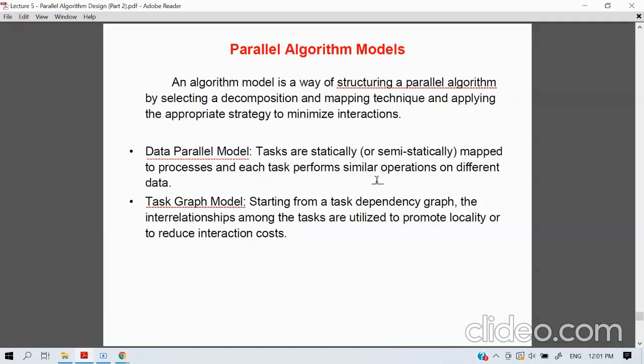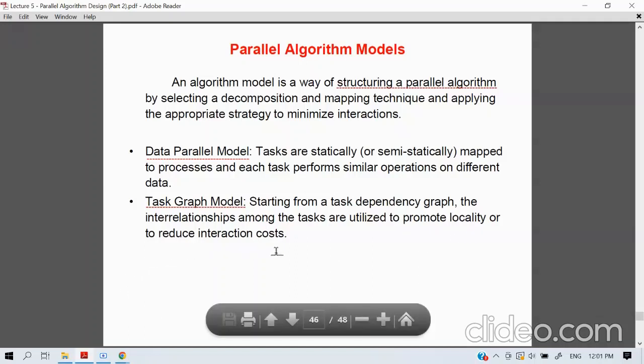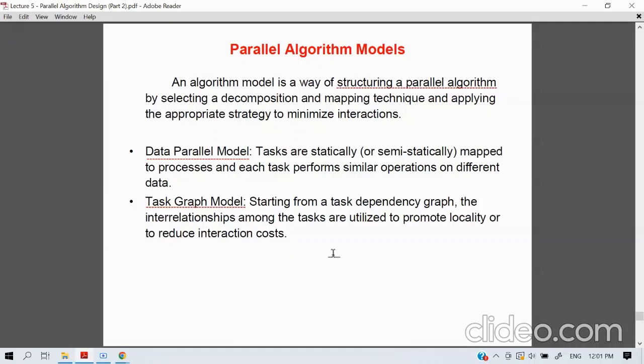Next, for the task graph model, starting from the task dependency graph, the interrelationship among the tasks is utilized to promote locality or to reduce the interaction cost. If you have a large size of data or tasks, maybe you can use the task graph model because you can know which nodes or which tasks interact with each other.